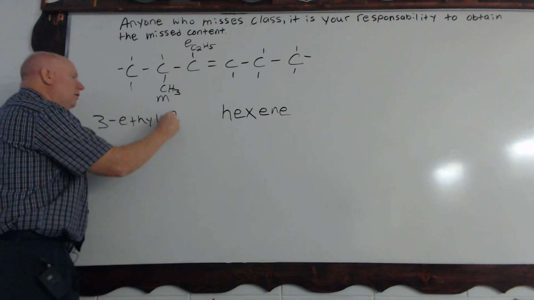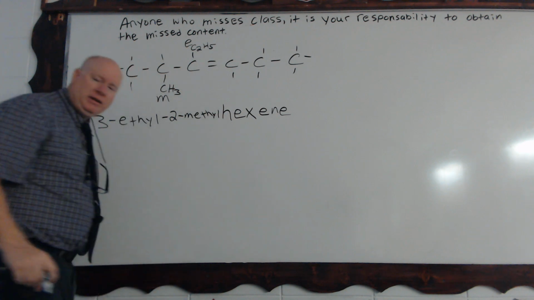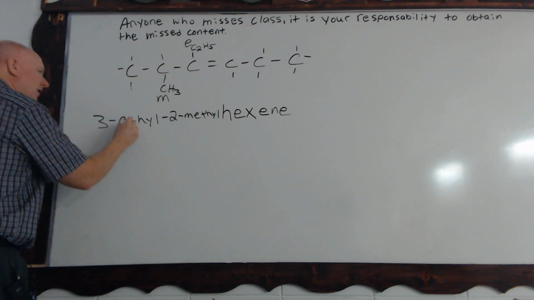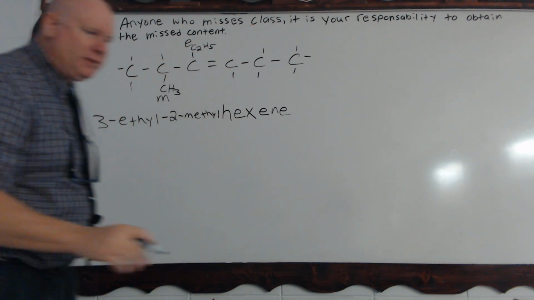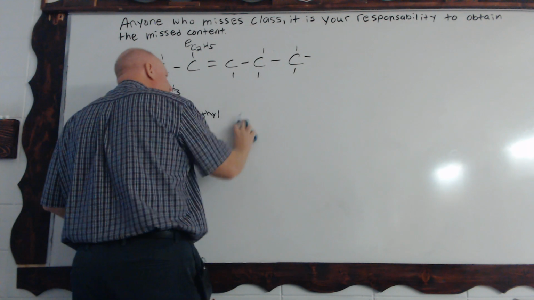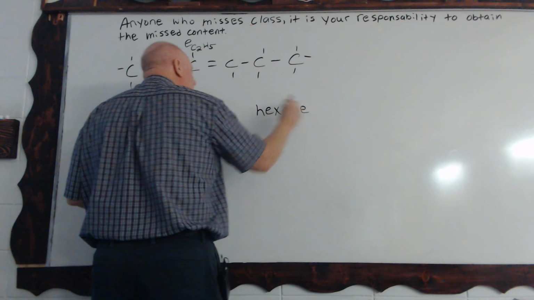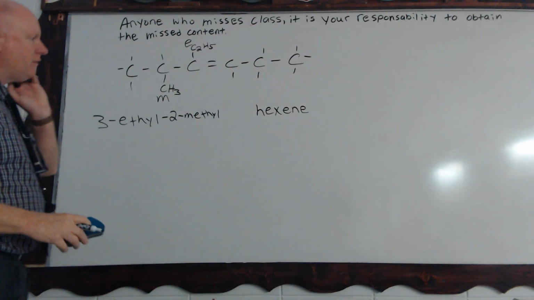Okay, 2-methyl. Dang, I was going to start right here. I thought, well, I might run out of room. I'll just see if I can fit it in there. Okay, so what have we not accounted for yet?